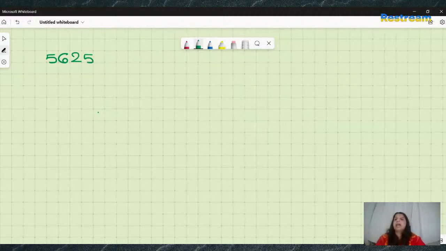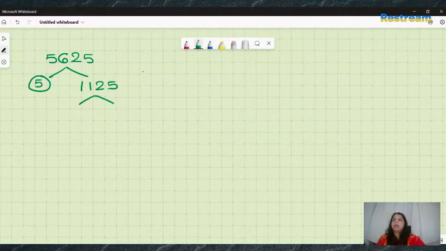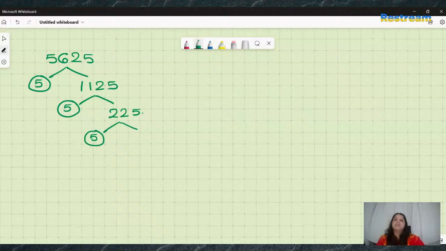Visibly, I have a 5 over here, so I'm going to start with a 5. 5625 divided by 5 is going to give you 1125. Again, divided by 5, this is going to give me 225 if I'm not wrong.